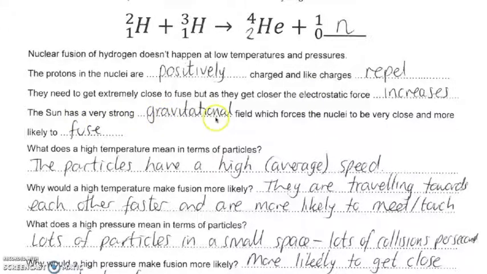The Sun has a very strong gravitational field which forces the nuclei to be very close and more likely to fuse. So obviously this is what starts the process in stars, but on the Earth we've got to use other ways of causing the nuclei to join together. Sometimes we use magnets, and there's various things that scientists do.